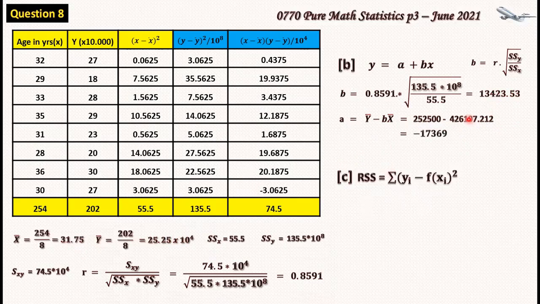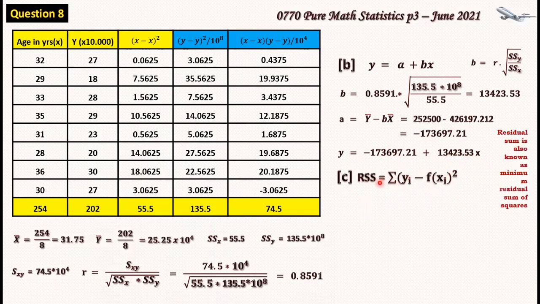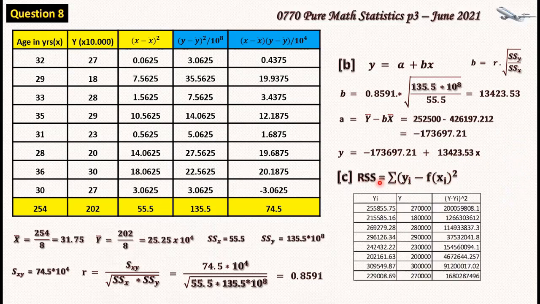So the value of a will be equal to minus 173,697.21. Therefore our equation becomes y equals minus 173,697.21 plus 13,423.53x. The RSS, the residual sum of squares, also known as the minimum residual sum of squares, can be given by these calculations.